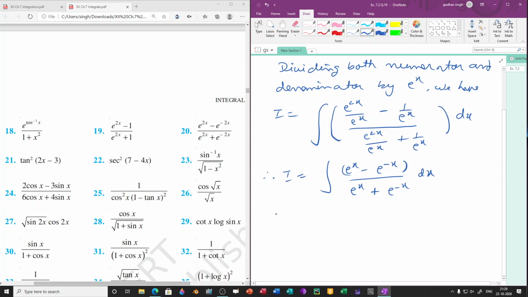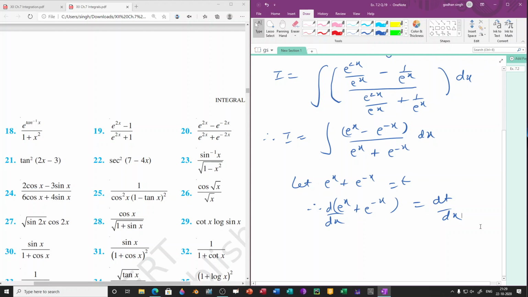Let the denominator be t, that is let e^x + e^(-x) equal to t. Therefore e^x + e^(-x), differentiating both with respect to x, so that is d by dx equal to dt by dx. So let us differentiate this.